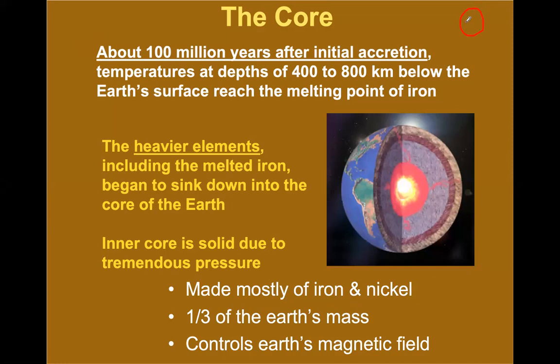So first to form was the core, because the heavier materials sank from the magma ocean down towards the central part, which composed the core. The process took place within about 100 million years.